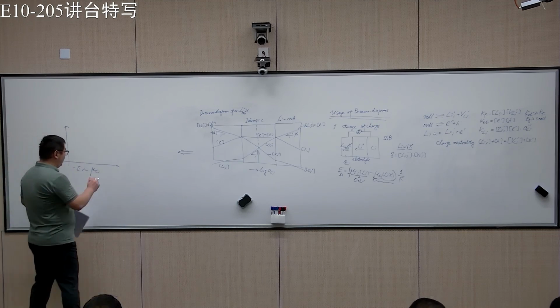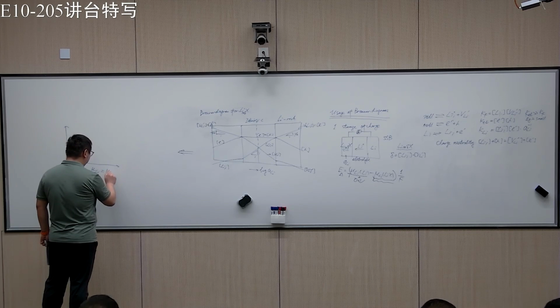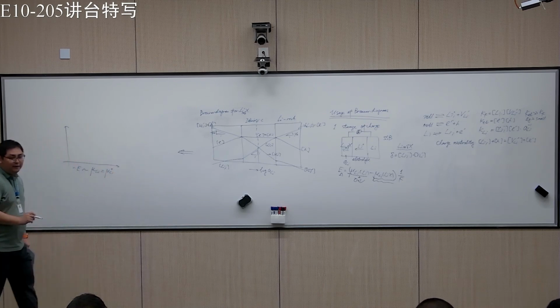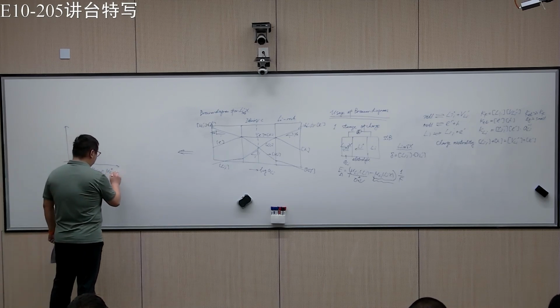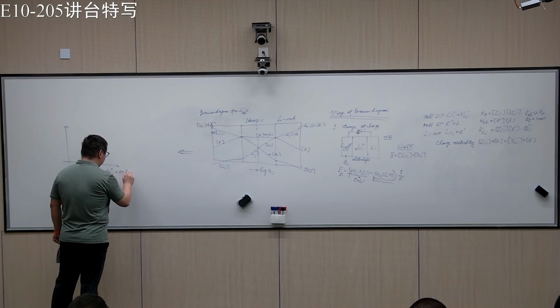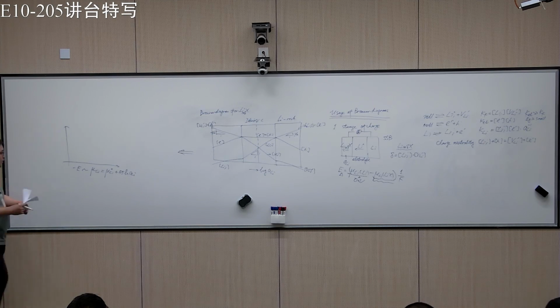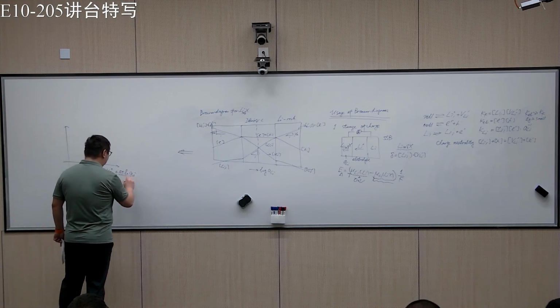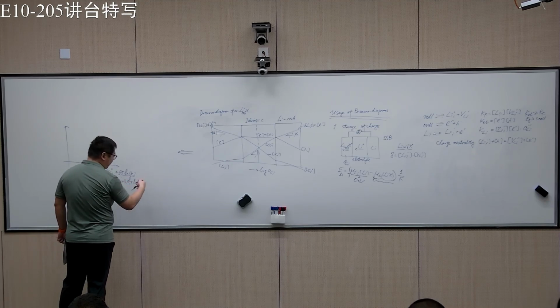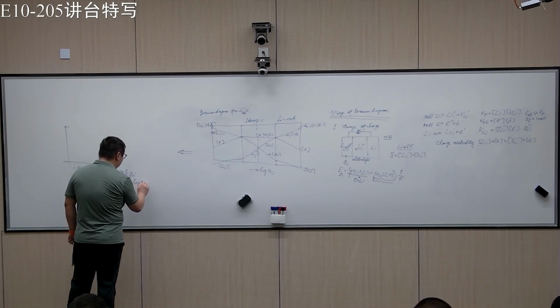We know that the chemical potential of lithium should be some standard condition plus RT logarithm of the activity of lithium. So I can also write 2.303 RT log, with 10 as the base.